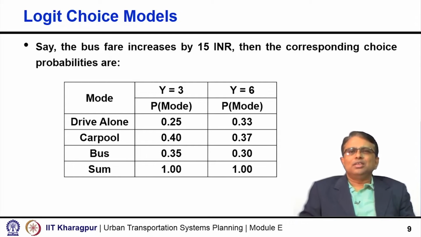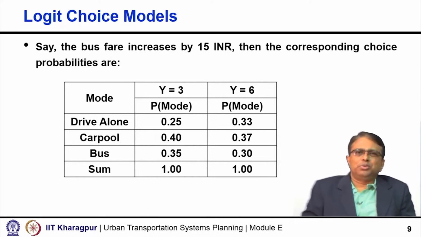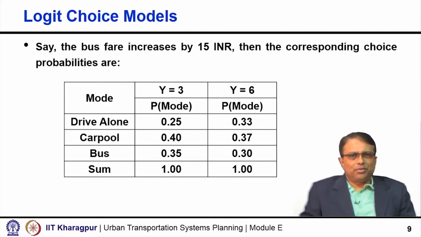Now, let us see how the attribute changes. Say for the bus, now let us consider that the bus fare is increased by 15 rupees. What will happen? We know that if the bus fare increases, then the deterministic component of utility for the bus will change for both income groups.